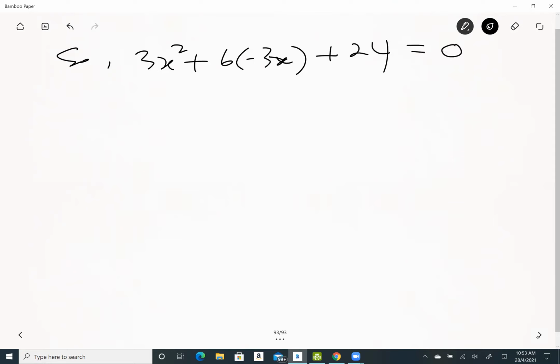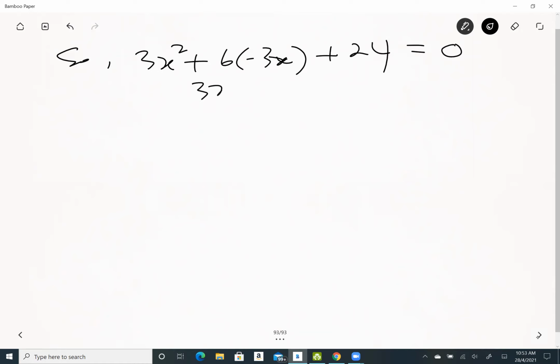So now what you get will be 3x squared plus 6y. Now y is negative 3x. So you put in negative 3x plus 24, and that is equal to 0. So what do I get?